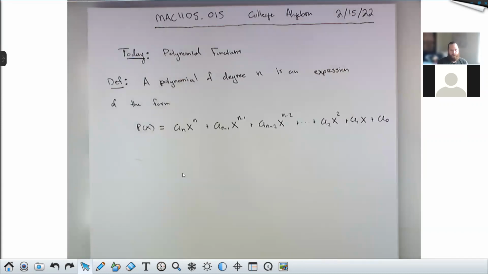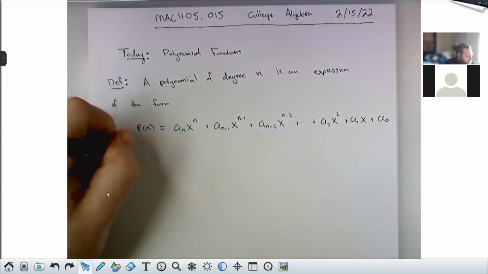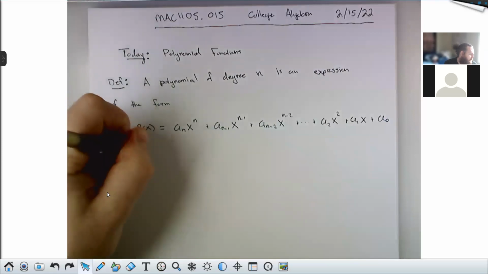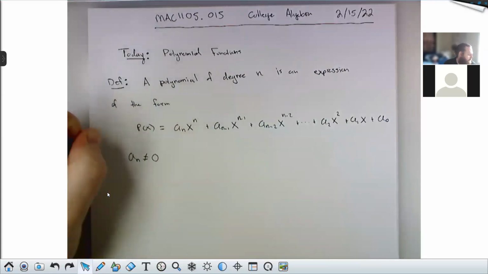This looks like a big scary expression, but it really isn't. The a's here, a_(n-1), a_(n-2), these are all just numbers, right? Just constants. The index down here, this subscript, the n minus 1, n minus 2, all the way down to 2, 1, and 0, are just to tell you which power of x that constant is attached to. The one restriction we put on these is that a_n is not allowed to be 0.